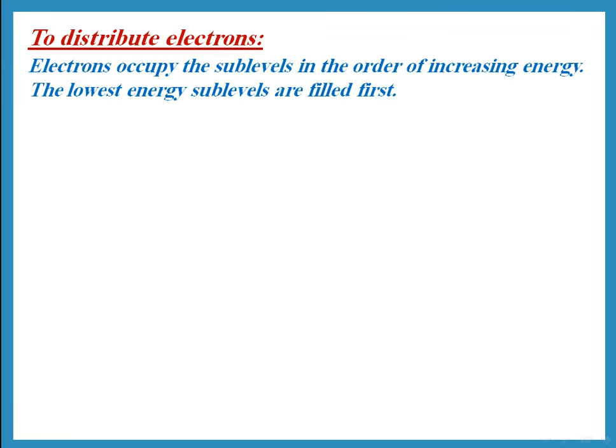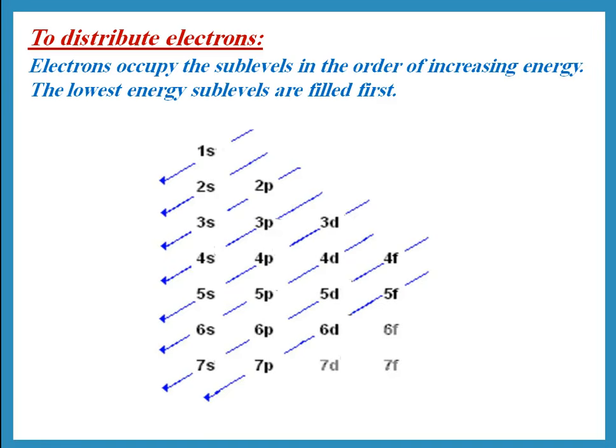So, talking about here, to distribute electrons, electrons occupy the sublevels in the order of increasing energy. So, for the first energy level, we have only one type of orbital, that's 1s. For the second energy level, I have 2 types, 2s and 2p. Now, for the third energy level, I have 3s, 3p, 3d. For the 4th, 5th, 6th, and 7th, I have 4 types of sublevels, 4s, 4p, 4d, 4f.